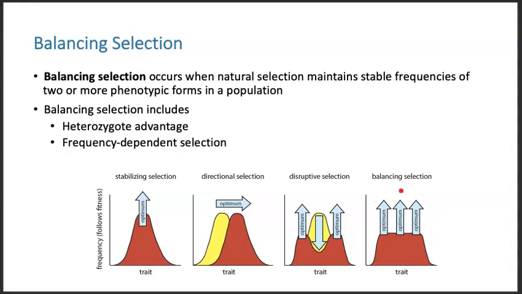So there can be more than one, more than two. There could be three or more optimal phenotypes in that population. So let's take a look at a couple of examples of balancing selection, and we'll get some more definitions, including heterozygote advantage and frequency-dependent selection.